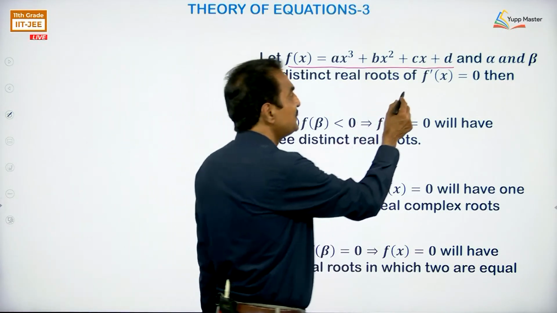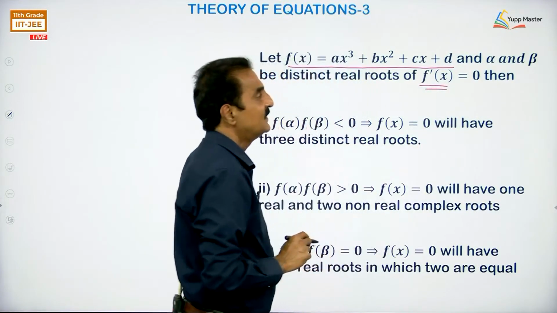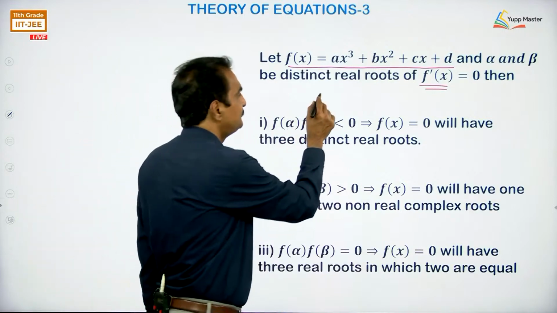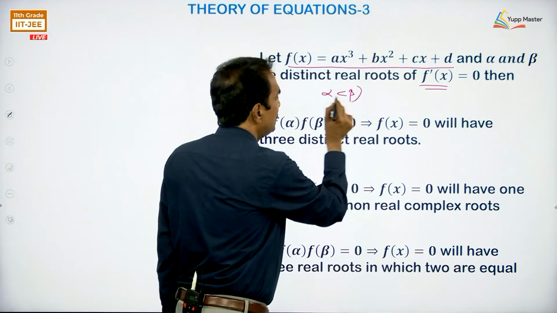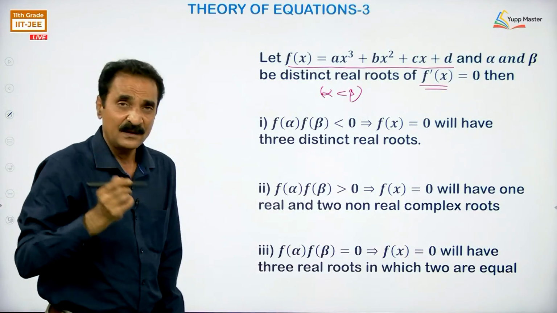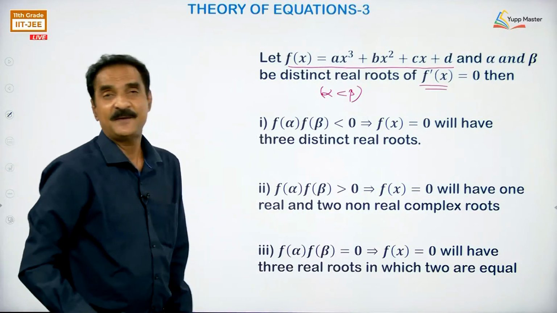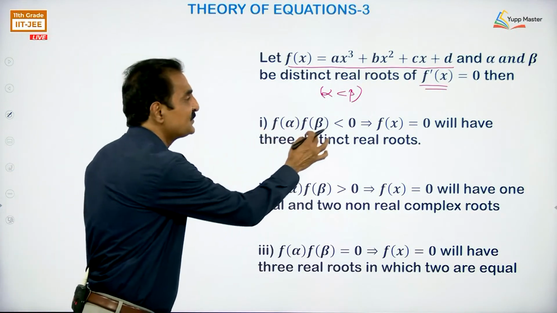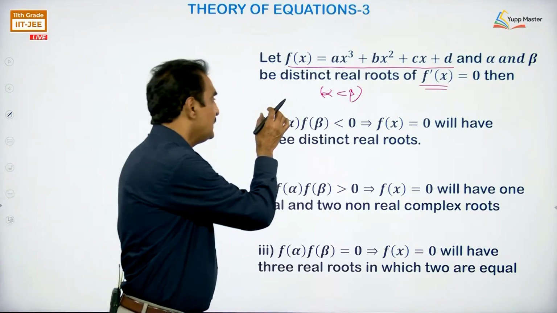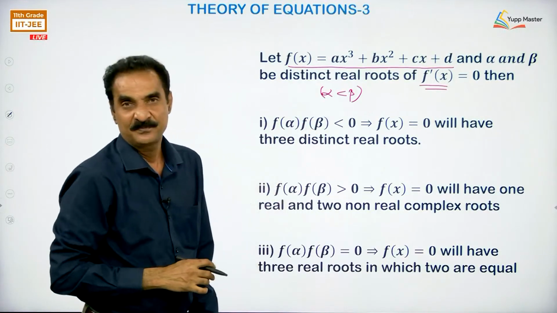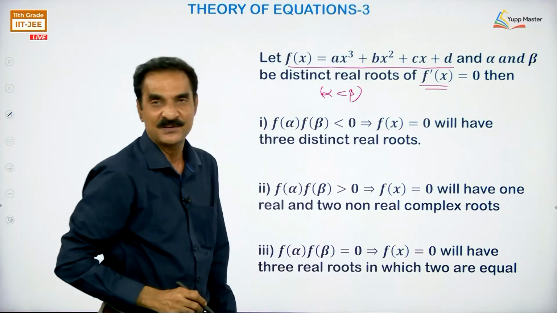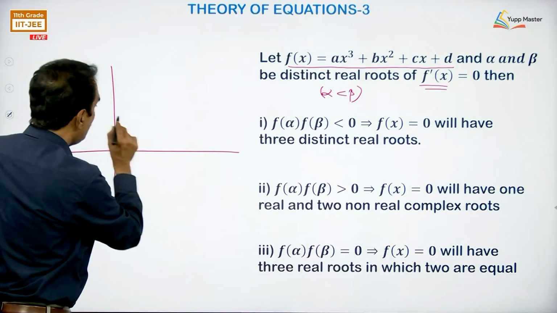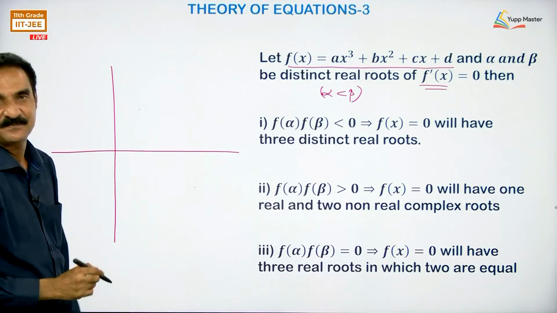We know that f dash x is equal to 0 is a quadratic equation; if its real roots are alpha and beta, where alpha is less than beta, then if f of alpha into f of beta is negative, if the product of the maximum and minimum values is negative, what does it mean? If maximum is positive, minimum is negative. If maximum is negative, minimum is positive. That means the maximum point and minimum point are on opposite sides of the x-axis.